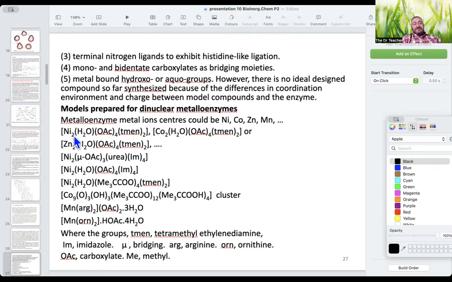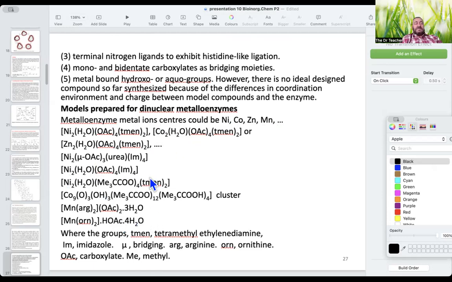And as you see here, dinickel, dizinc, and we changed the groups around, and these compounds have been prepared in our labs in University College Dublin for years, and crystal structures have been obtained. In metalloenzymes, the metal ion centers could be nickel, cobalt, zinc, manganese, iron, anyone.